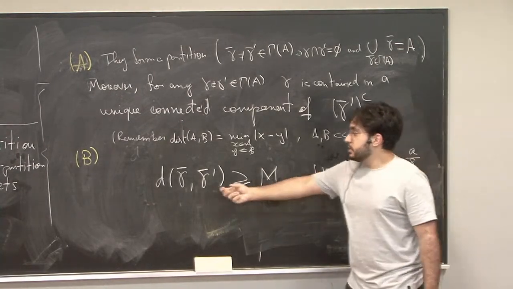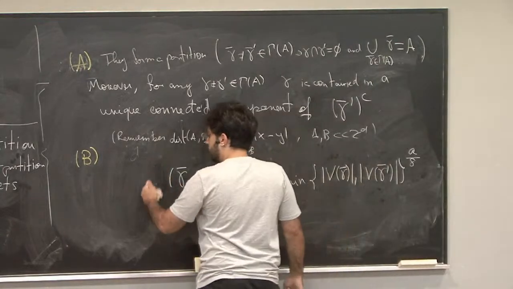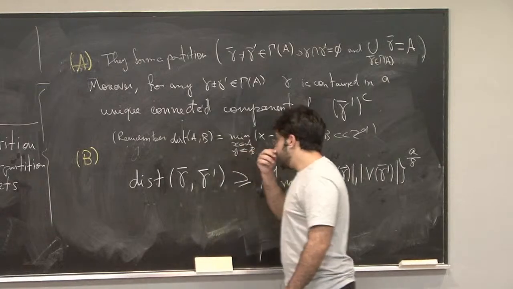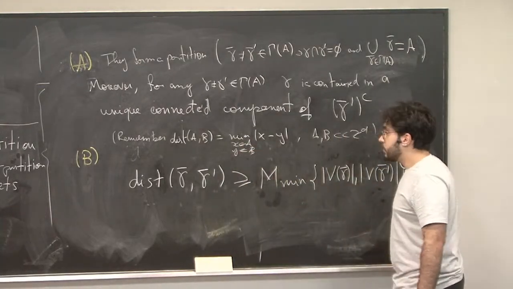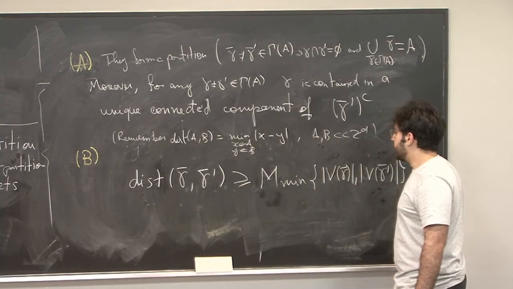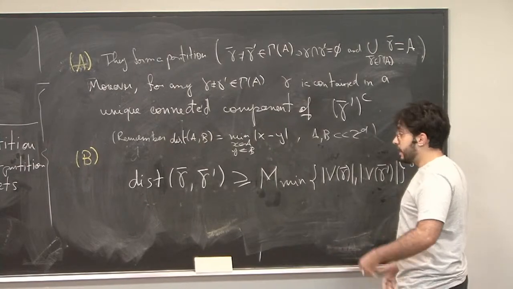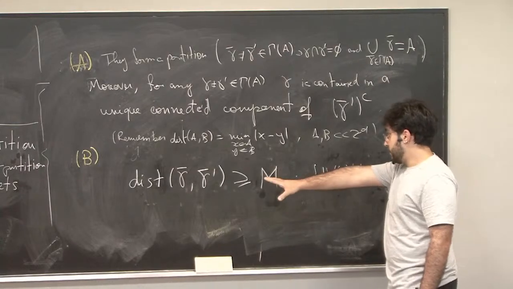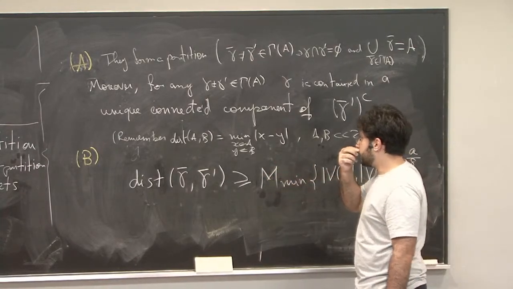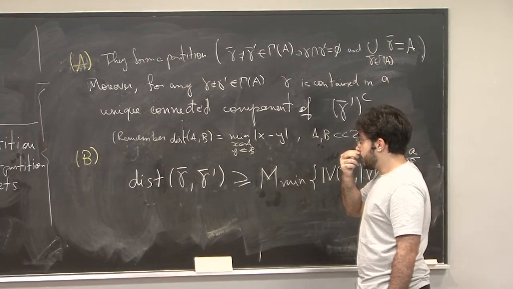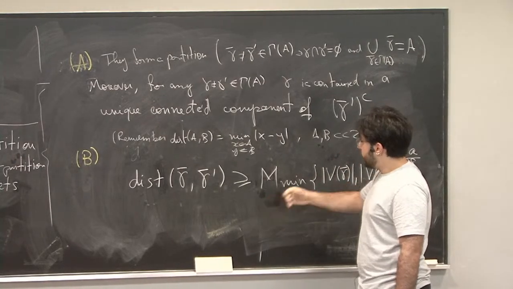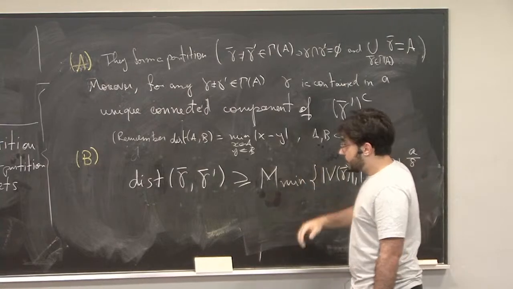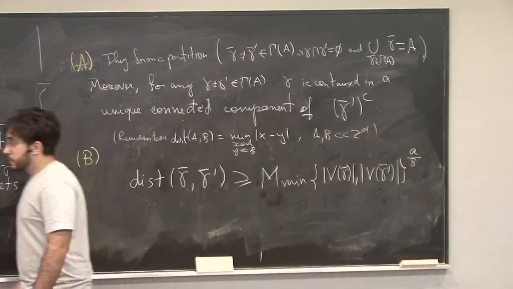But this condition is strong enough to guarantee some good properties with respect to the entropy. So counting sets that satisfy something like this is nice. And for these calculations, we will use multiscale techniques.